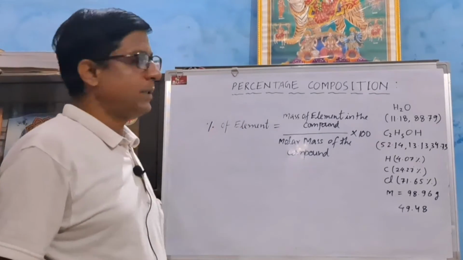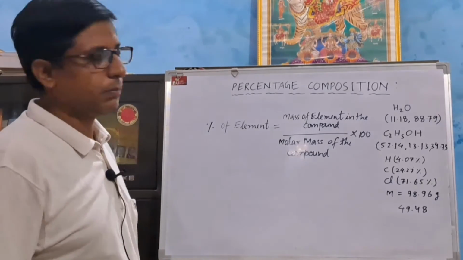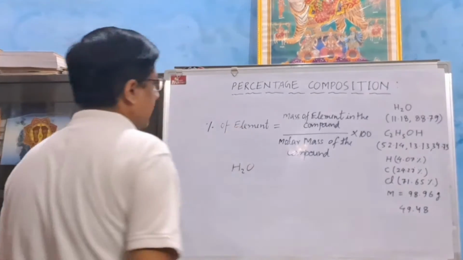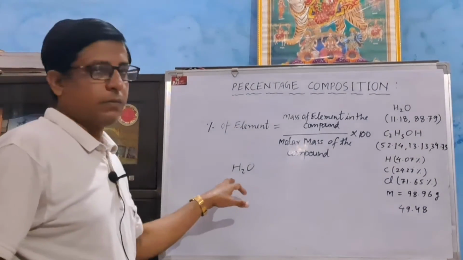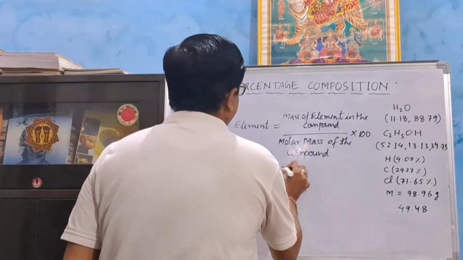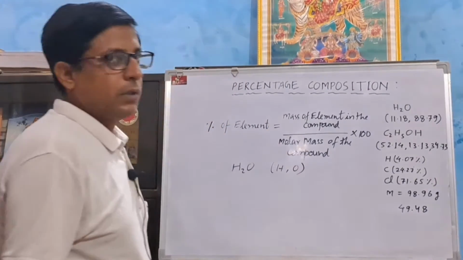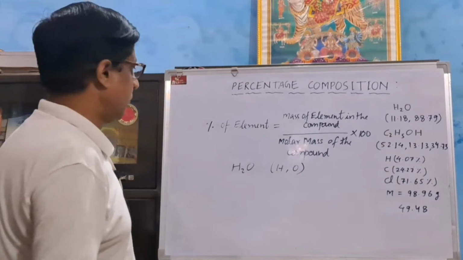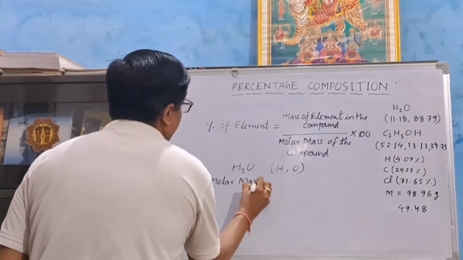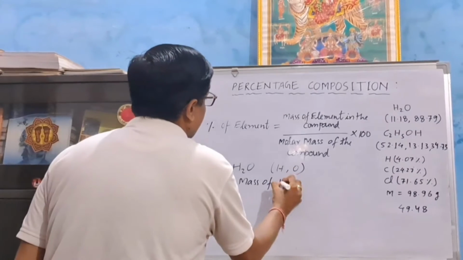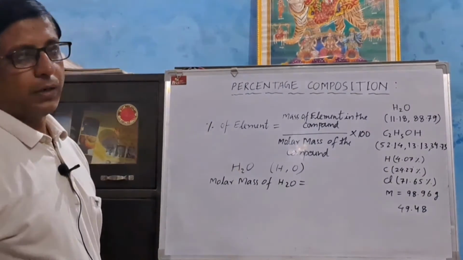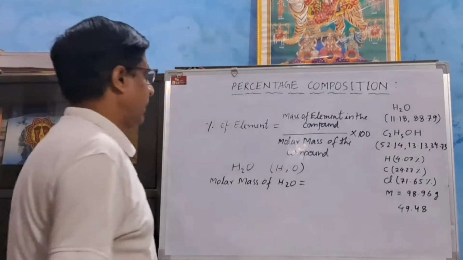In order to clear this formula, let us take the example of water. The molecular formula of water is H2O. In water, two elements are present. One is hydrogen, another is oxygen. So first of all, determine the molar mass of water. We can determine the molar mass by the atomic masses of different elements.